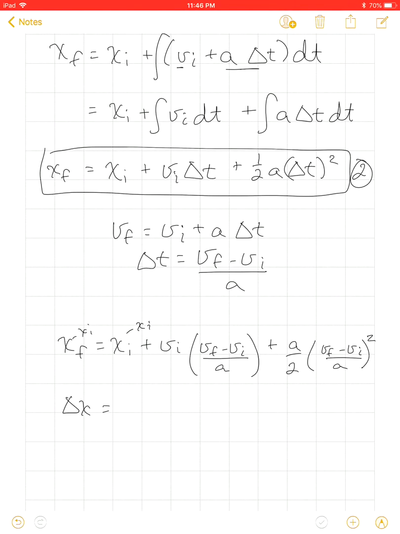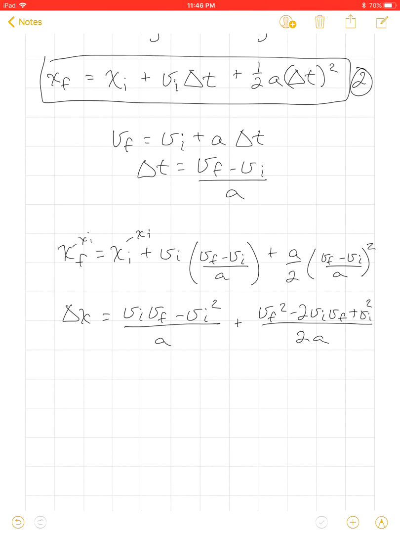And then I'm going to multiply this through: vi times vf minus vi squared over a, plus vf squared minus 2 vi vf plus vi squared over, and now I have an a squared on the bottom and an a on the top, so I'm just going to write this as 2a.